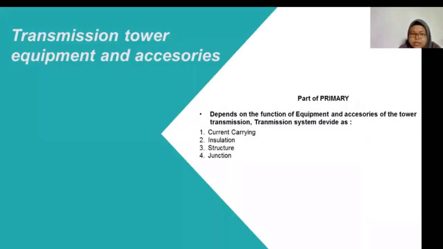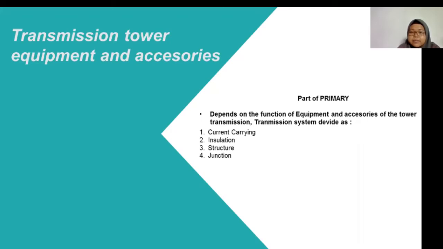Next, we will talk about transmission tower equipment and accessories. The first is we will talk about part of primary. In this part, we will talk about equipment and accessories of the tower transmission depending on the function.